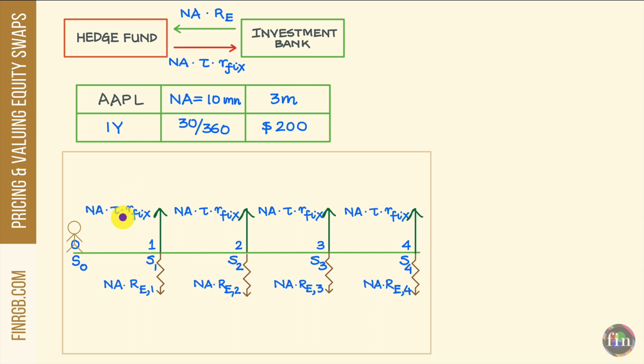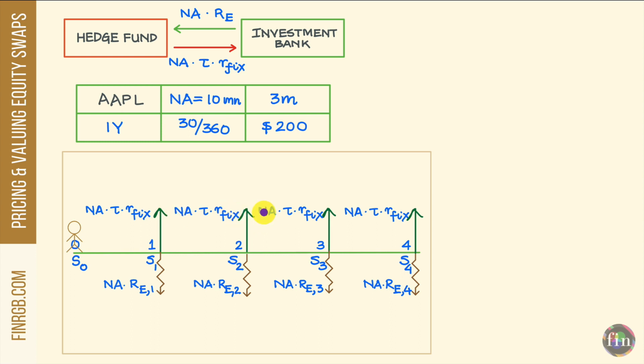For the moment, let's assume that this R fix is not known to us, and this is our objective actually, to calculate this R fix so that the value of this swap is equal to 0 for both parties involved. 0 value at initiation. Now these 4 cash flows, which are inflows for my investment bank, are certain cash flows.